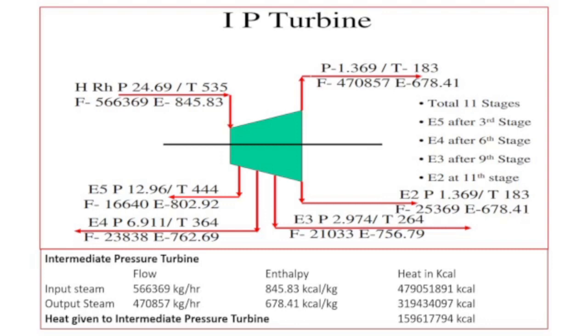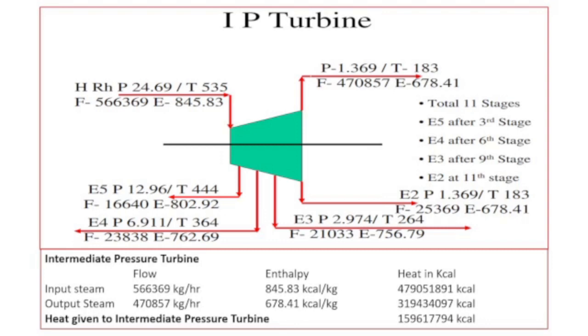The flow would be the same. Then the enthalpy is 845.83 kilocalories per kg. The various extractions are there, E3, E4 and E5. The various parameters of the extractions, pressures and temperatures, are shown here.